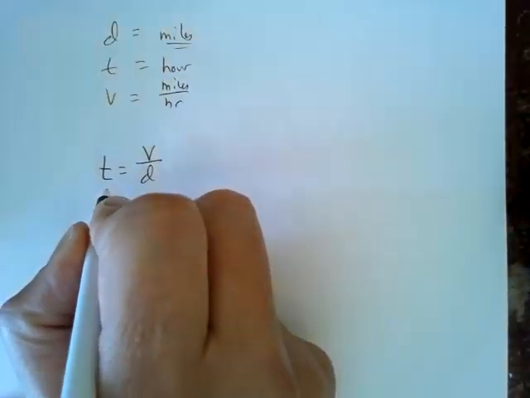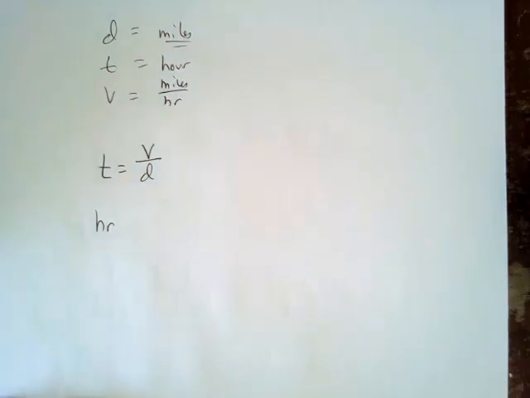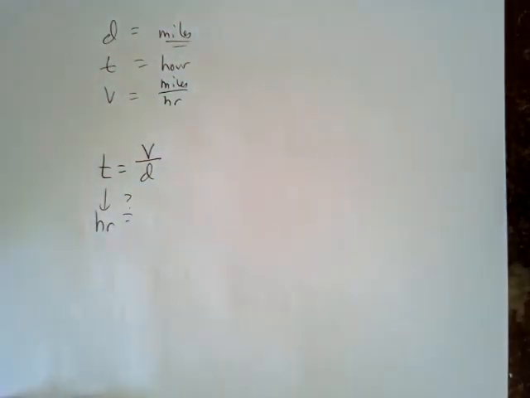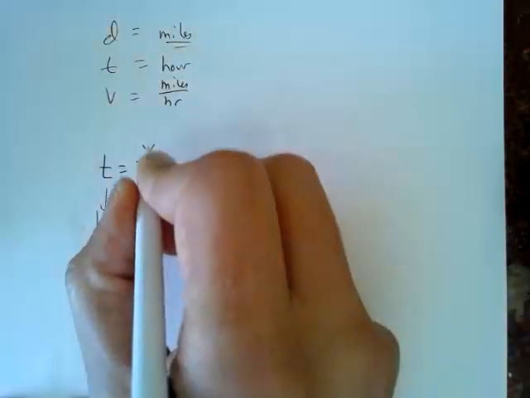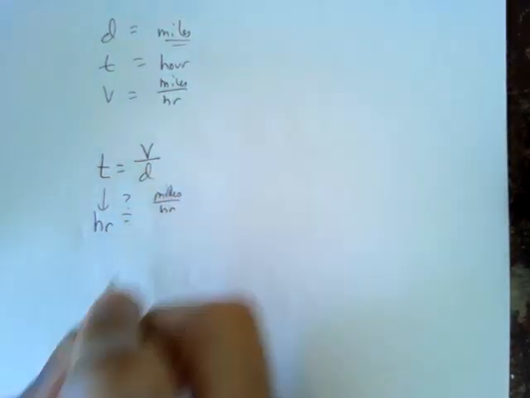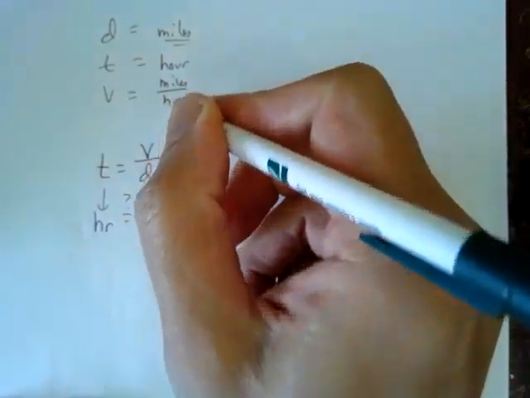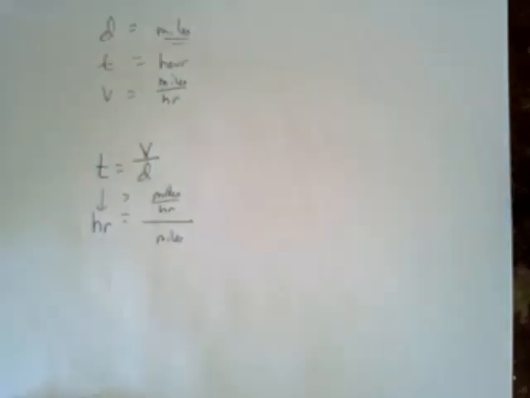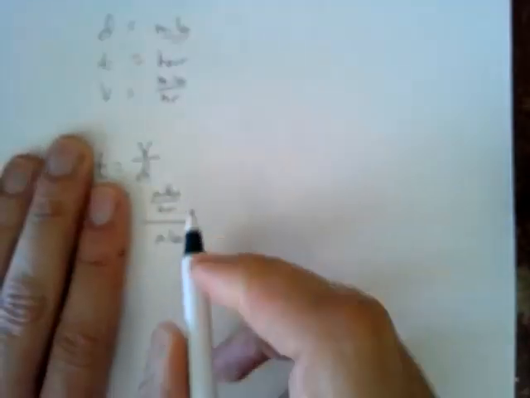Well, if we do that, we think about the units that we've talked about. Time is in hours. And then what we're really asking about is, does that equal this ratio? Well, velocity was miles per hour, and distance is in miles. So let's look at the right side of this equation.